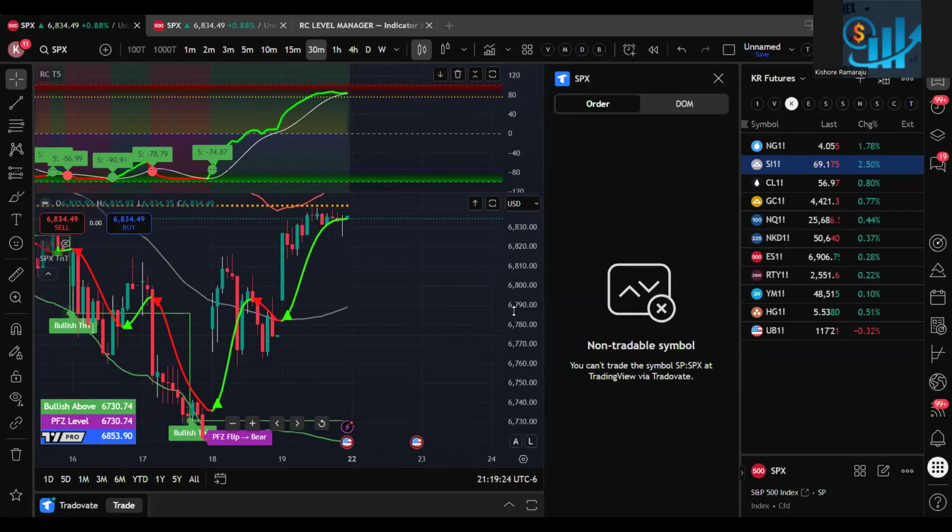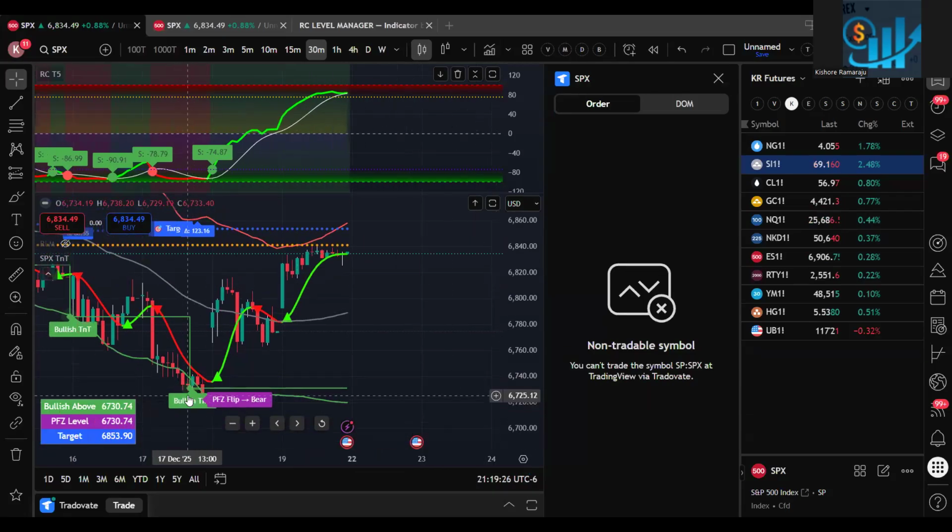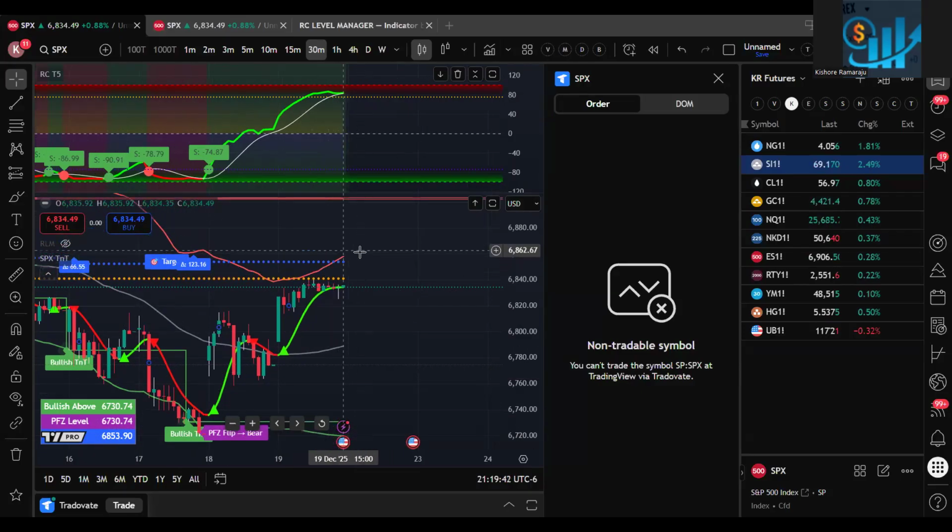So whenever, for example, it came to a bullish tag and turn, it came all the way to the bottom, then you do bull puts. So 67.30, target is 68.53. That means tomorrow SPX will go all the way to 68.53, and then again we may see a drop.